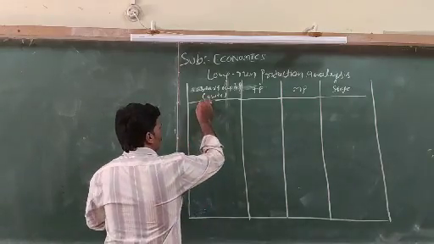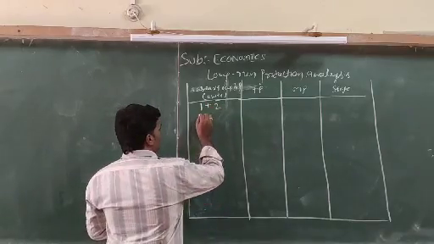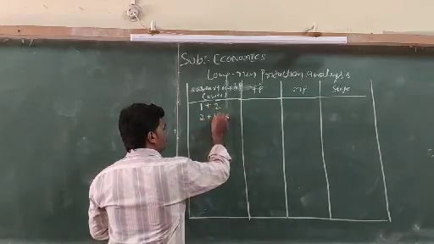So 1 unit of labor plus 2 units of capital, 2 units of labor plus 4 units of capital.